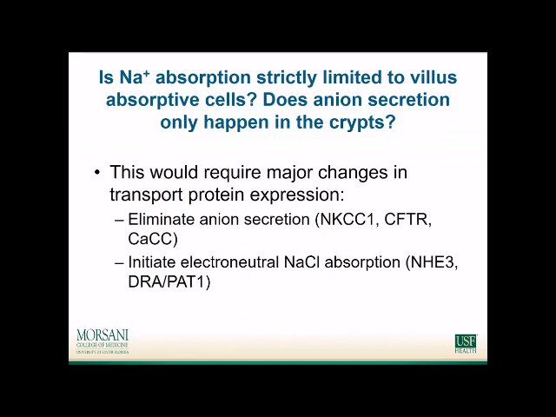So they have to figure out a way to decrease NKCC1, which is that sodium potassium chloride transporter. They have to get rid of CFTR and the calcium activated chloride channel, and instead initiate sodium chloride absorption, so then pop up SGLT1 or NHE3 or DRA onto that apical membrane to flip the switch to bring in the sodium instead of secreting the chloride.